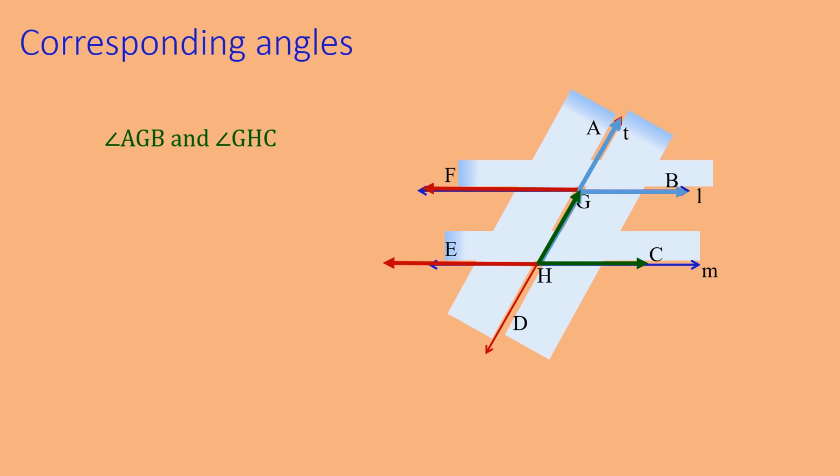Both the ways they are forming an F, an inverted F. Okay, so we get the second pair of corresponding angles as AGF and GHE, and these two are called corresponding angles. So we have got four pairs. Let us see them together.